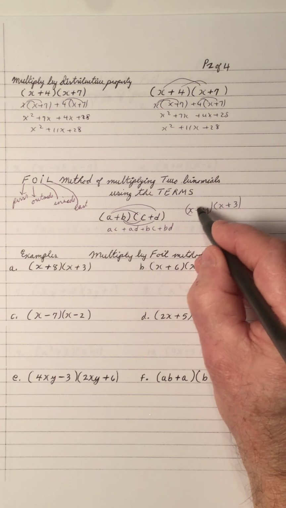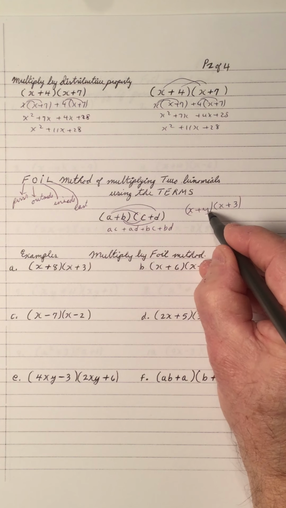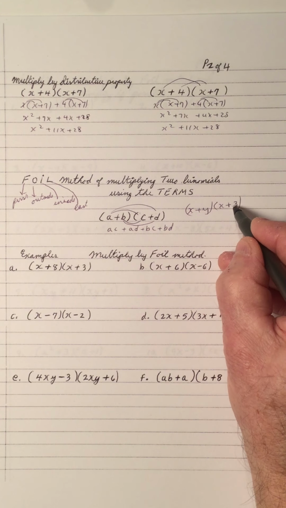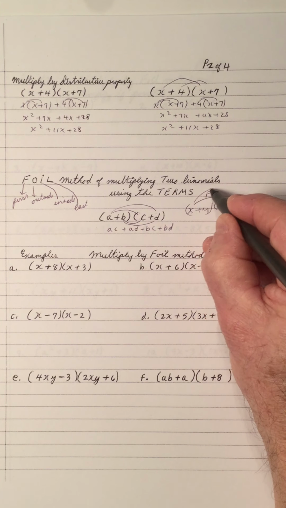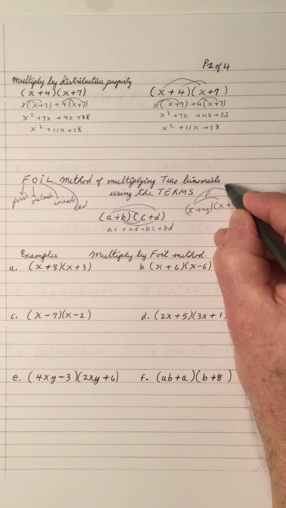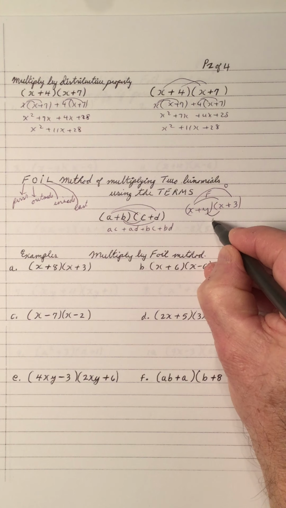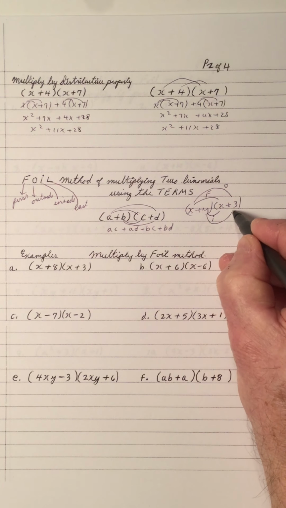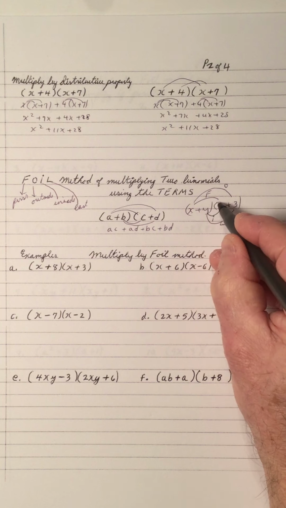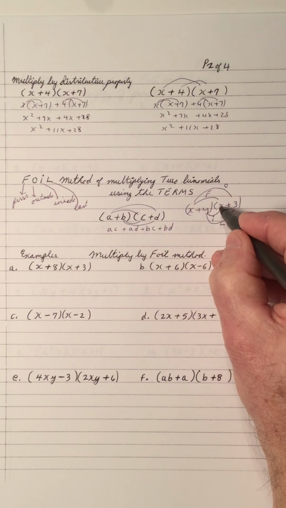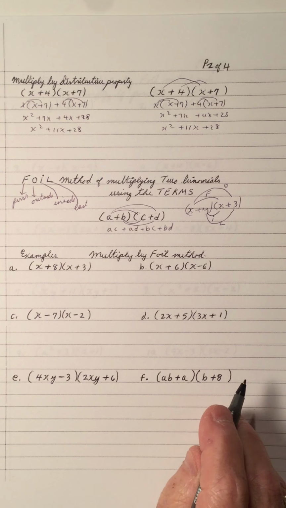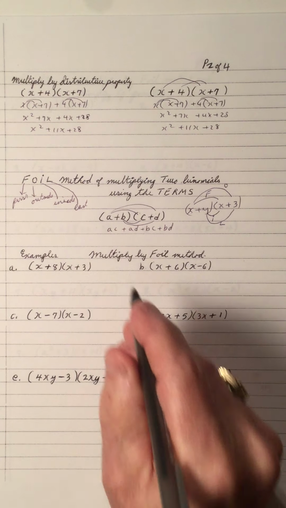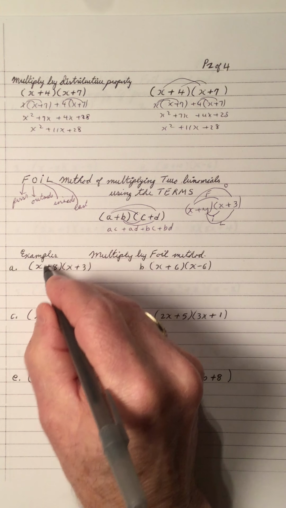These are the outside terms, these are the inside, and these are the last. First, outside, inside, last. I'm going to practice that over and over till you get to know what you're doing. FOIL method. Here we go.